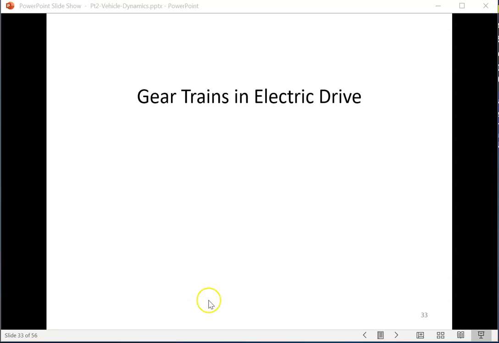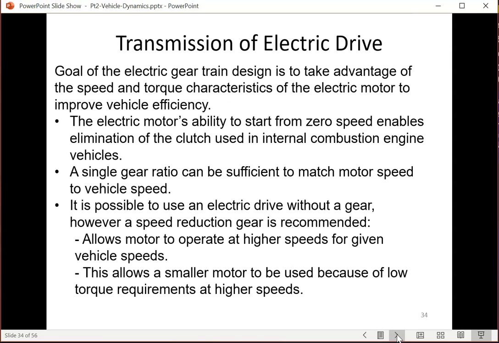Now, one of the big advantages of electrical motors replacing internal combustion engines is that electrical motors give you speed and torque characteristics that produce the torque at the right speed, very similar to the demand for driving a vehicle.